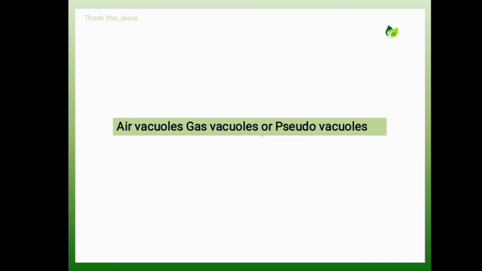So they maintain buoyancy so that the cells can remain at depth in the water. Buoyancy is nothing but that which keeps the cell at depth in the water, which is necessary for them to receive sufficient amounts of oxygen, light and nutrients.